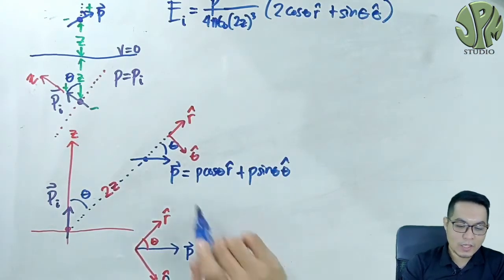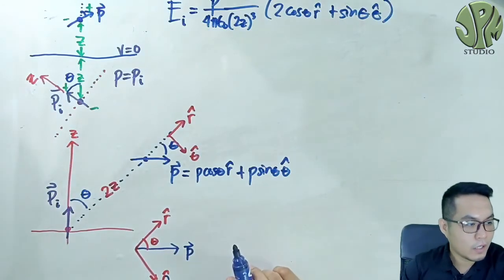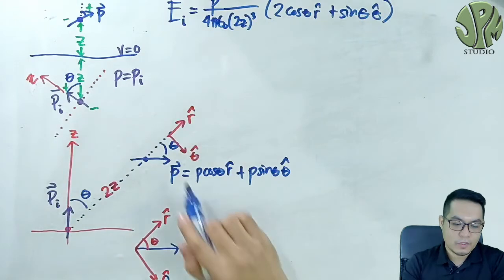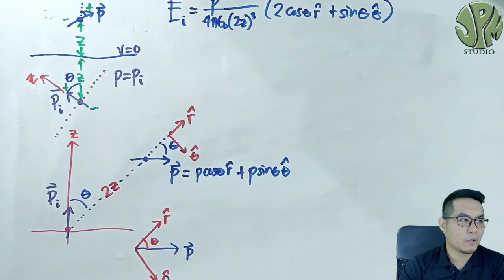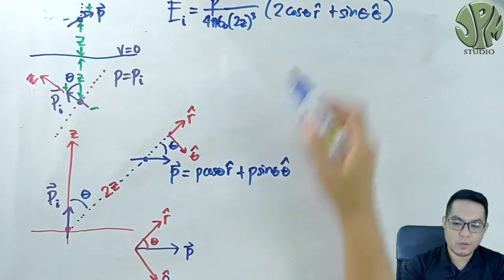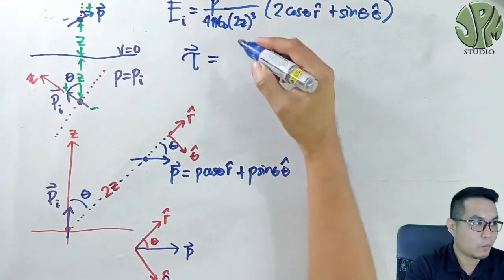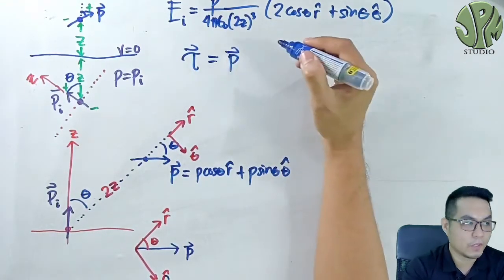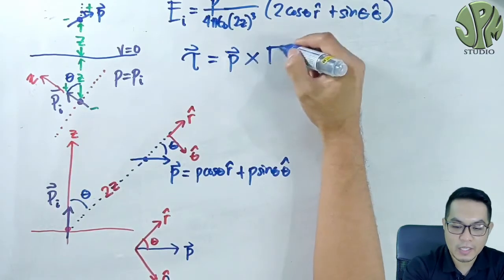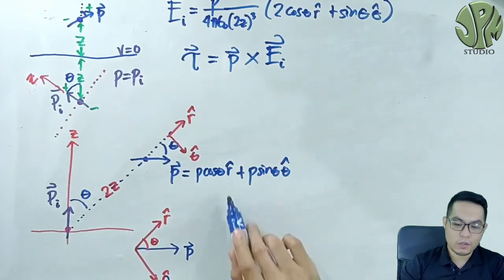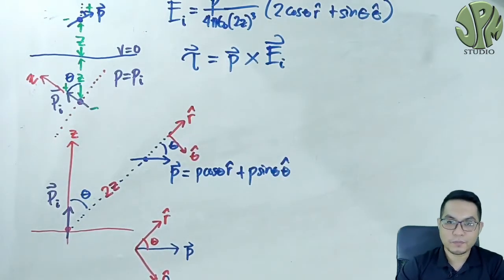Okay, so at the location of P, what we need to do is just cross these two to solve for the torque. So the torque on the dipole P is just the dipole moment of P crossed with the external electric field, which is due to the image dipole. So we cross these two, cross product.